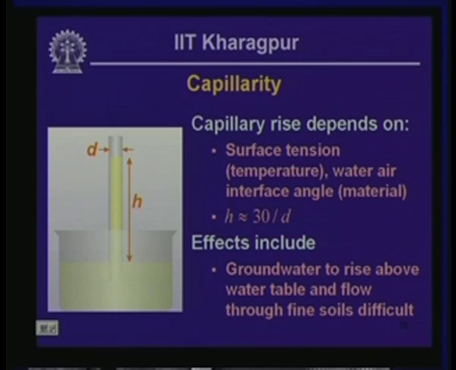Typically, though, the height of capillary rise is approximately equal to 30 divided by the diameter of the tube through which the capillary rise is taking place. And we have learned already the effects of capillary rise. Because of capillary rise, groundwater can rise above the water table, and because of capillary action, flow through fine-grained soils is very difficult.